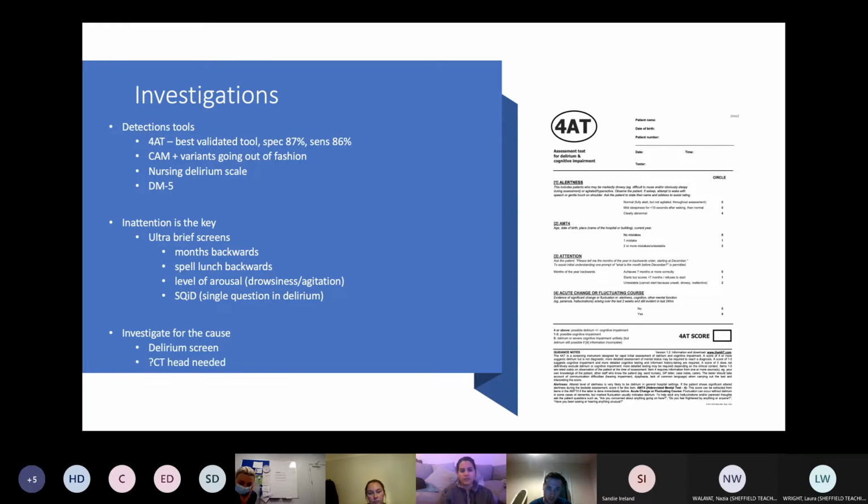And investigating for the cause. A lot of it is going to be back when we discuss the causes. That's what you're going to be looking for when you do your investigations. So it's working through your acronym and thinking what investigations you need to do. I didn't really want to write another big list here, but you know as well that on the frailty unit, everyone essentially gets a delirium screen when they come into hospital.